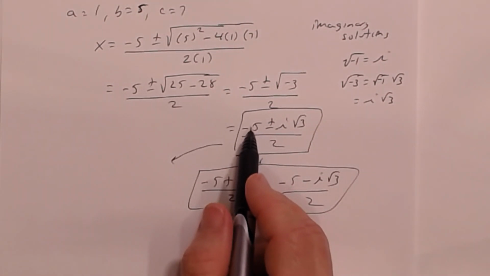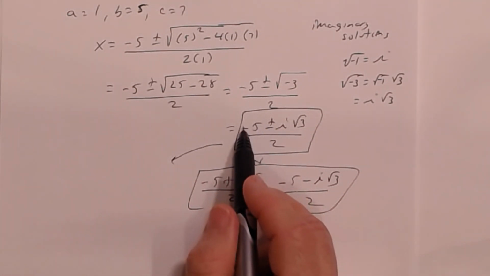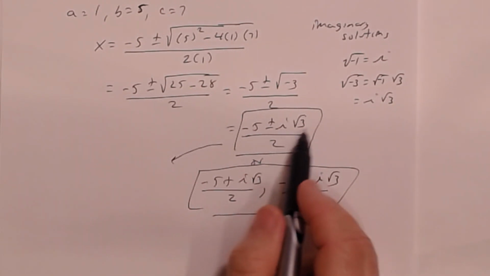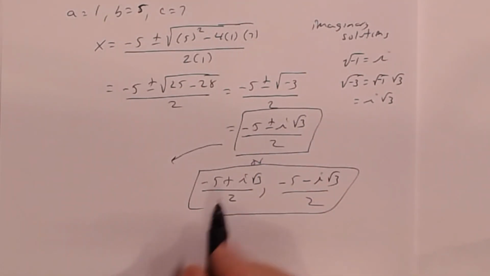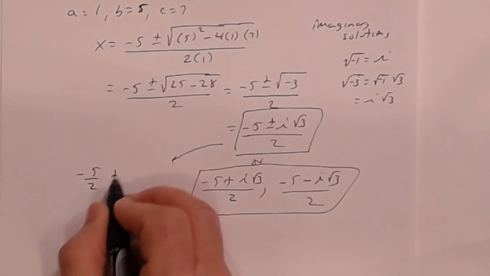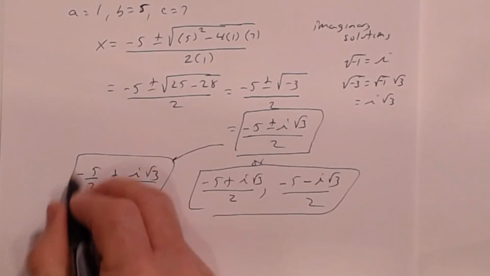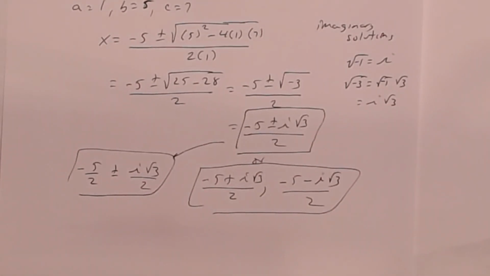Sometimes they'll write this as 2 separate fractions. So they'll take the first term divided by the denominator and the second term divided by the denominator. So sometimes you'll see this as negative 5 halves plus or minus i square root of 3 divided by 2. So those are all different ways of writing the solutions.